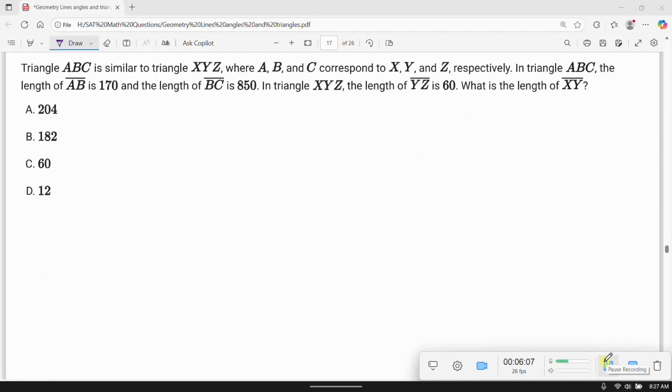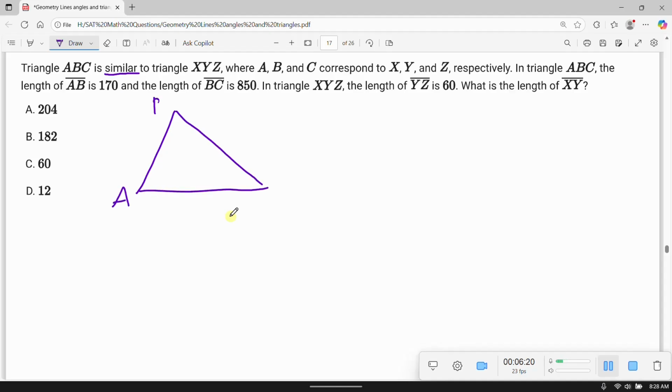First, I'm going to sketch the two triangles, ABC similar to XYZ. So I can draw ABC, and then because they're similar, I don't want to draw exactly the same size. They do have the same shape, but not the same size.